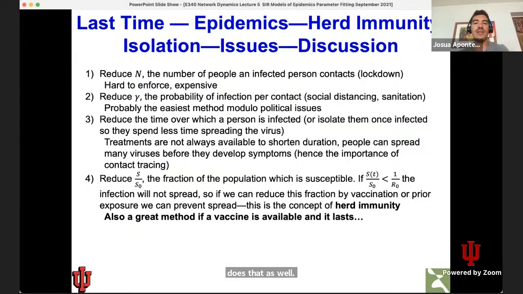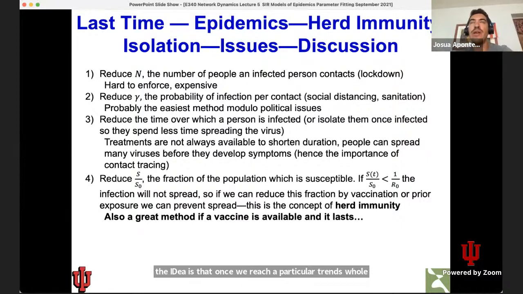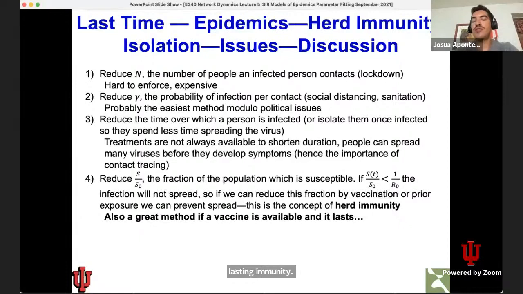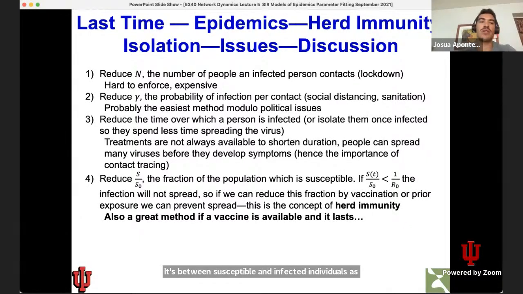And the idea is that once we've reached a particular threshold, you reach herd immunity, which is the idea that the susceptible population, relative to the recovered population, or the population that's acquired long-lasting immunity, is so small that the probability of encounters between susceptible and infected individuals is much smaller.